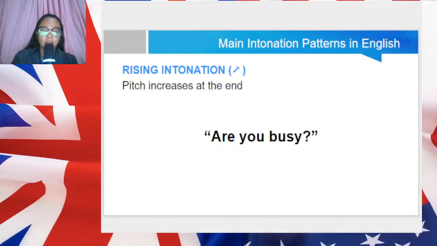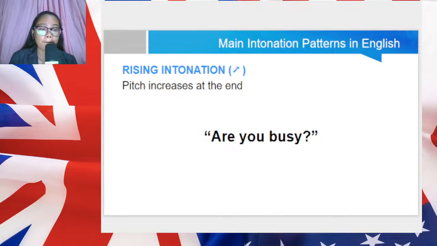As I've mentioned, we are now on rising intonation. We move from our detailed look at falling intonation to the second option in the main intonation patterns in English, rising intonation specifically. As clearly indicated, with rising intonation, the pitch increases at the end of an utterance.